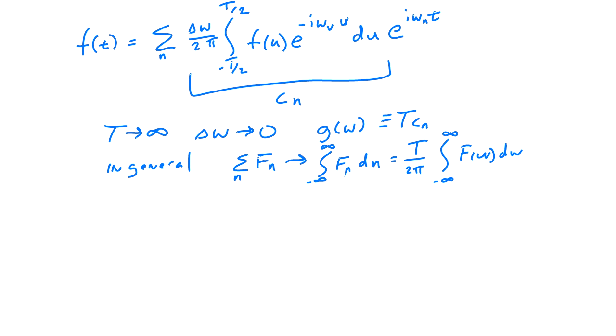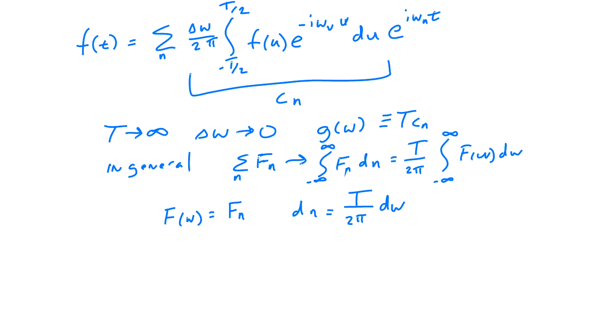So in this case, dn is equal to T over 2 pi d omega. And also, we can say that f of some function, like say omega, is equal to f sub n.